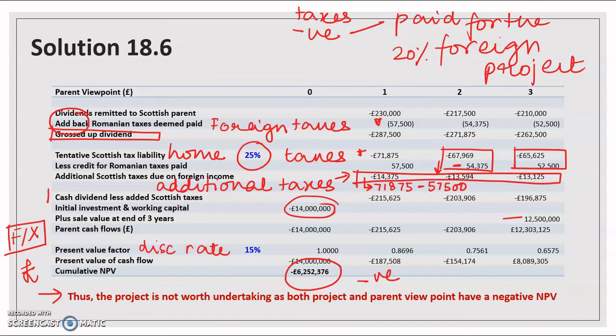Then you will calculate your cash dividend, which in other words is going to be 230,000, your income that you're sending back, minus 14,375, the difference in the taxes.